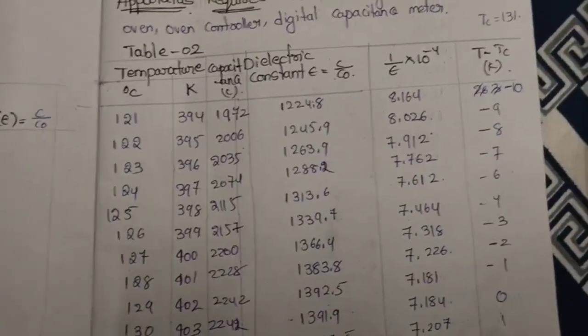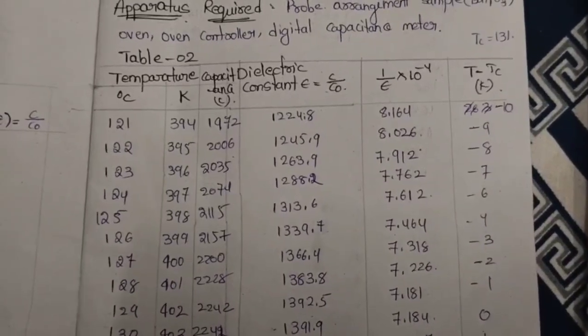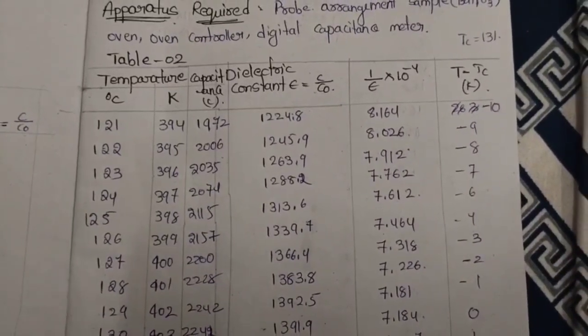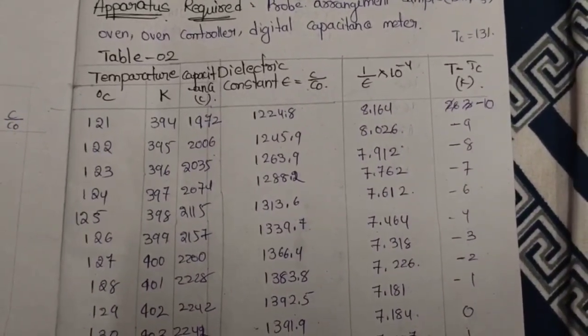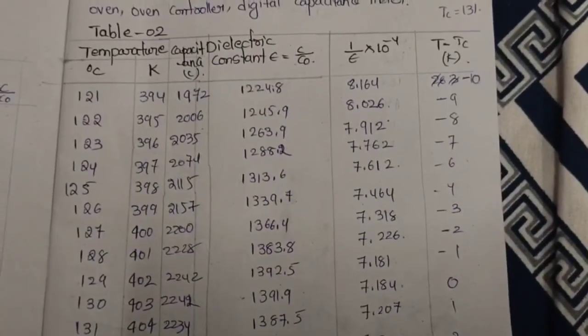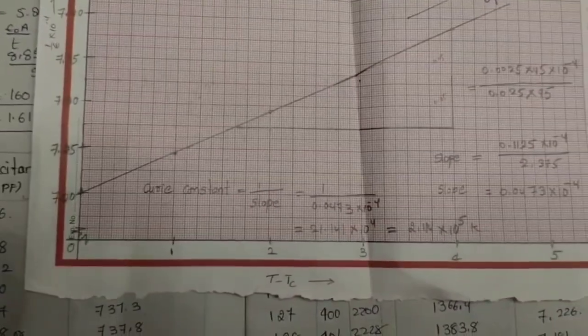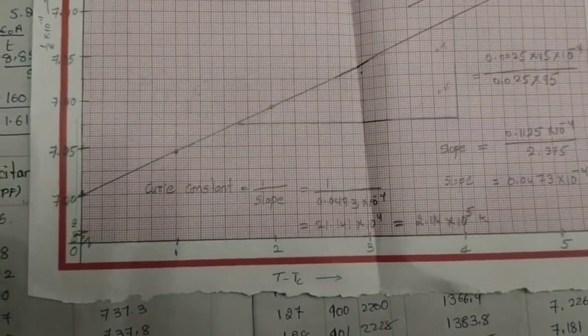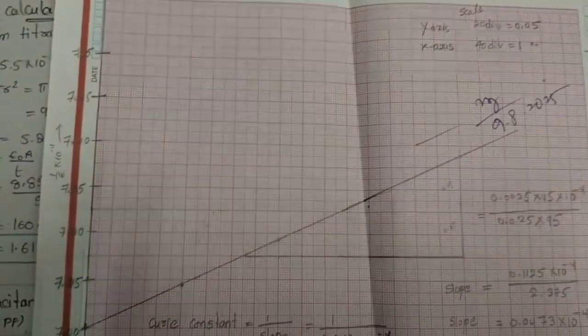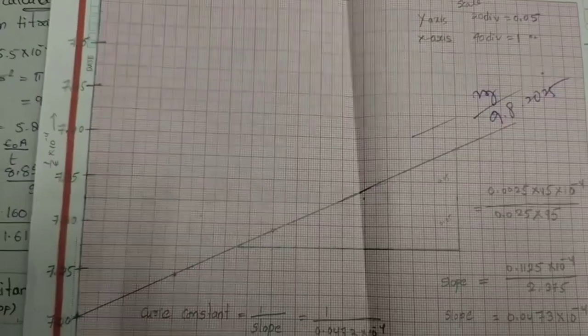By using this table, we will be calculating 1 by epsilon into 10 to the power of minus 4 and the actual temperature minus Curie temperature, and using that we will plot a graph in which on the x-axis we take T minus Tc, and along the y-axis we take 1 by epsilon into 10 to the power of minus 4.